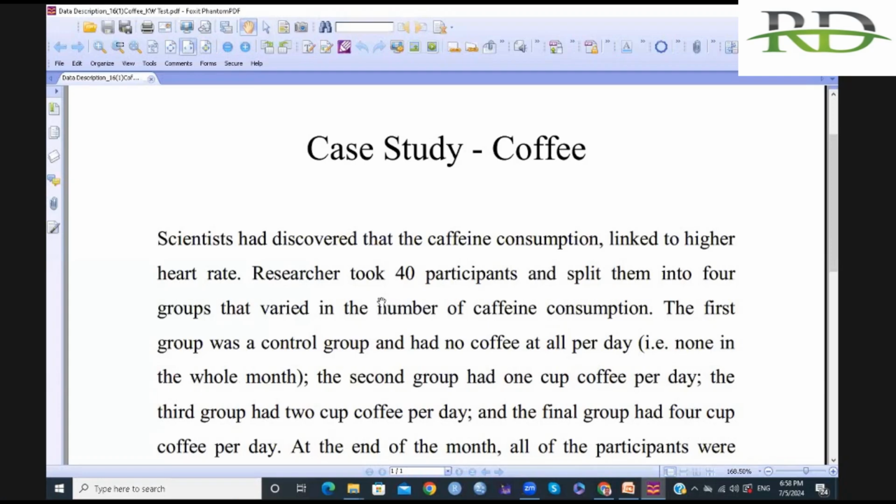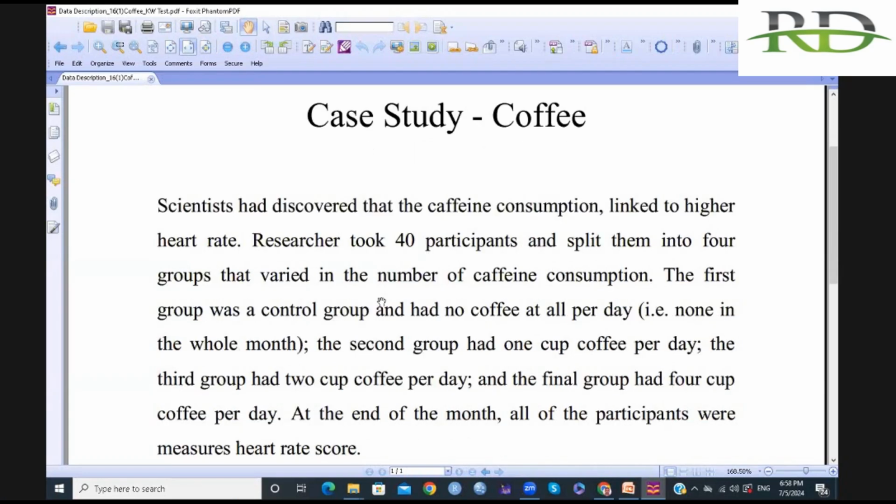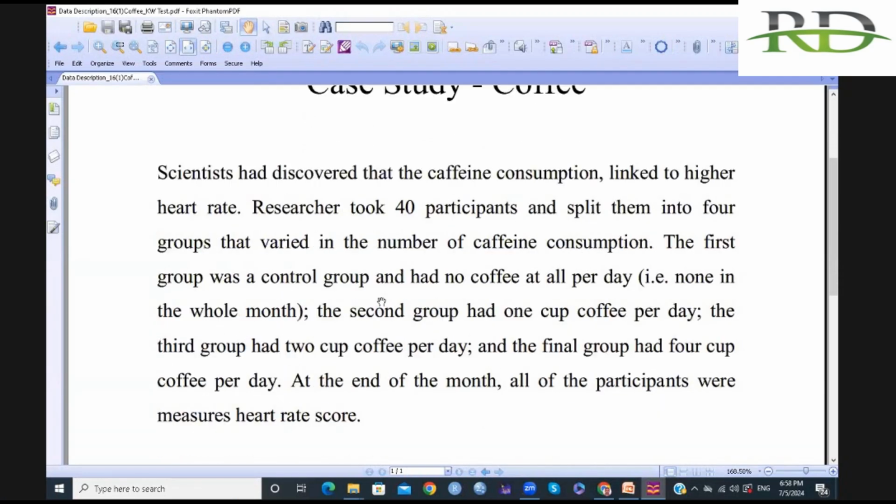Okay, we have a case study of coffee, a very interesting case study. Scientists had discovered that caffeine consumption is linked to higher heart rate. A researcher took 40 participants and split them into 4 independent groups that varied in the number of caffeine consumptions.